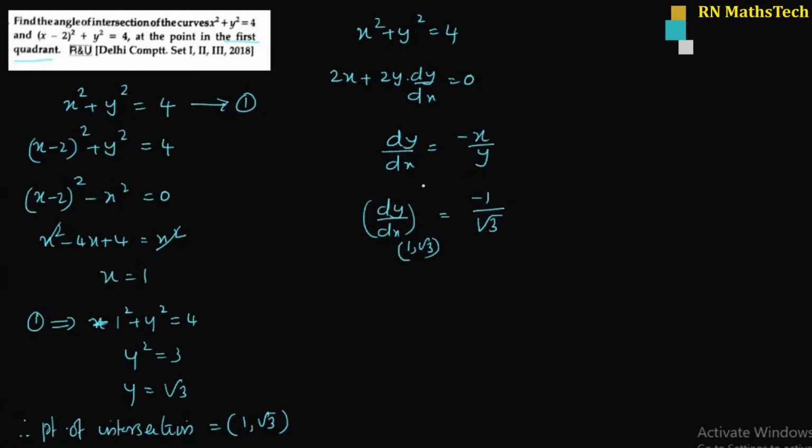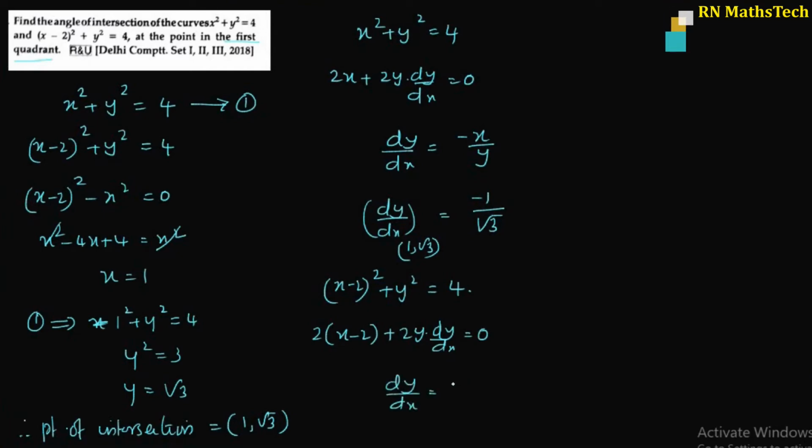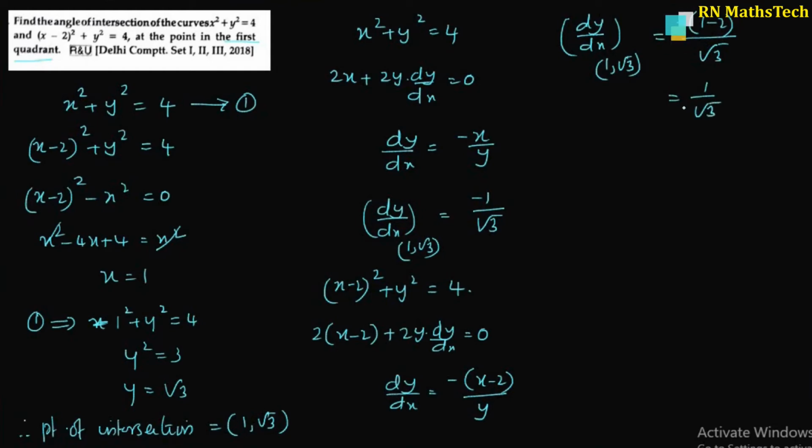Okay, now for the second curve, that is x minus 2 the whole square plus y square is equal to 4, 2 into x minus 2 plus 2y into dy by dx is equal to 0. So here dy by dx is equal to minus of x minus 2 divided by y. Okay, now dy by dx at the point 1 comma root 3 is equal to minus of 1 minus 2 by root 3, that is 1 by root 3.